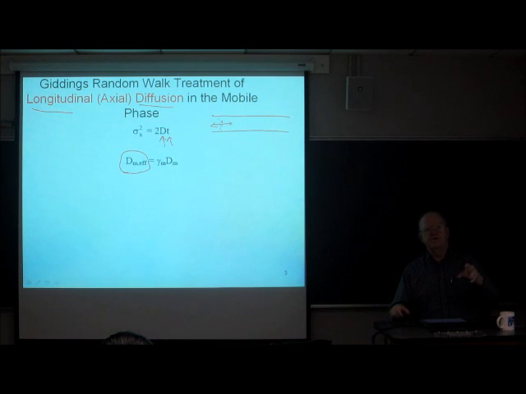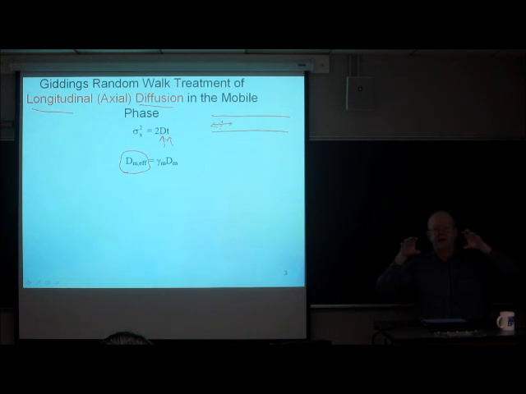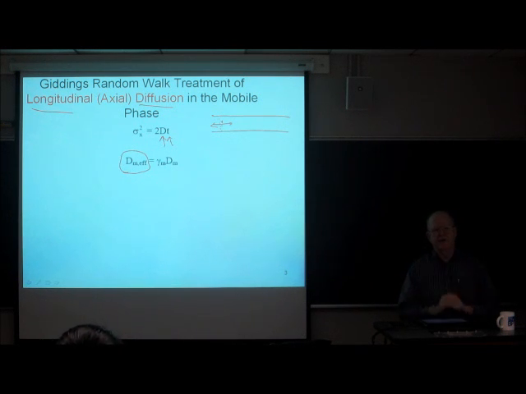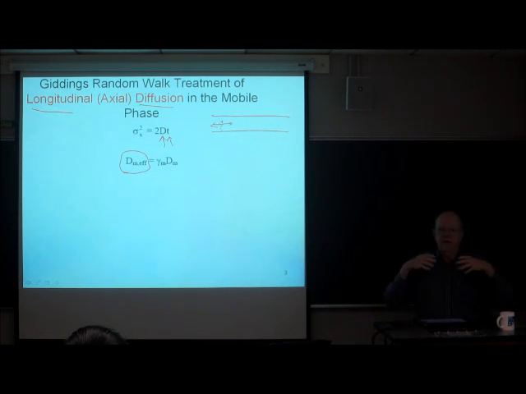Now, diffusion in the mobile phase inside of a column is not exactly the same as diffusion in a beaker, where there's no particles of stationary phase. You've got particles inside the column.